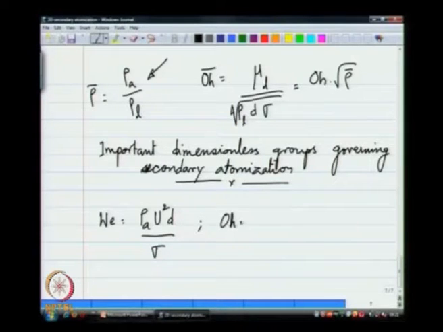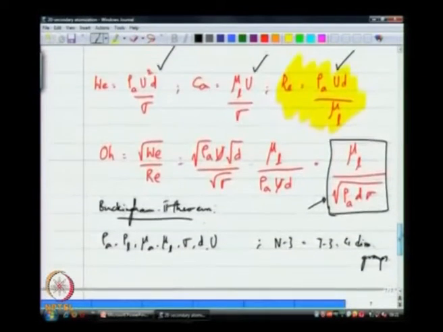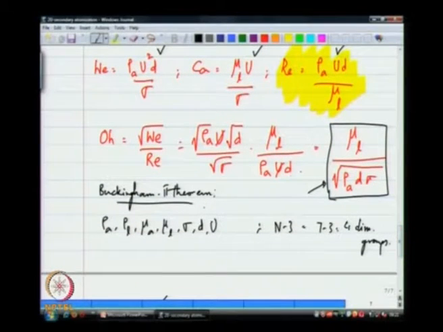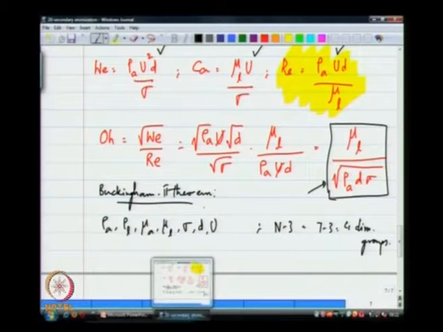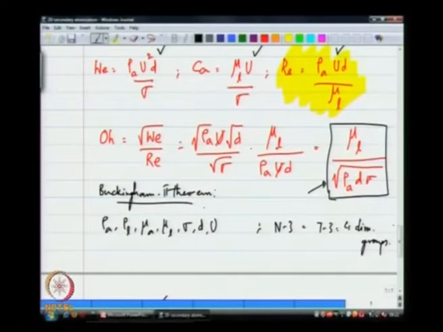and like we said at the end of the last lecture, there are many combinations of these dimensionless groups: Weber number, capillary number, Reynolds number, and you can see Ohnesorge number, which is formed by a combination of Weber number and Reynolds number. These are all possible candidates for characterizing the behavior of drops in a gas field.